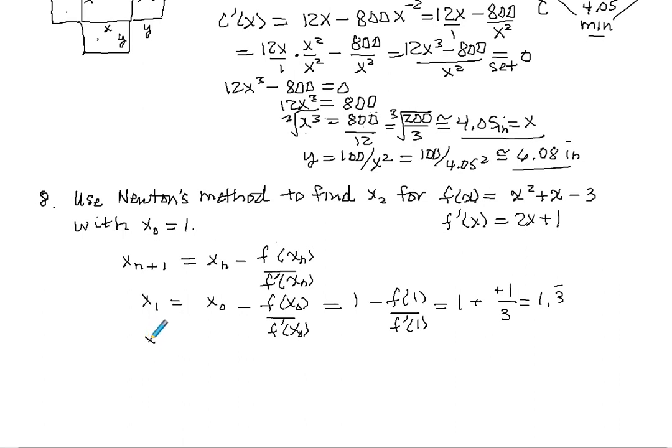So then x2 is going to be, take the previous guess, so this is going to be our 1.3 repeating, minus f, plug in 1.3 repeating, divide by f prime, plug in 1.3 repeating. So it's going to be 1.3 repeating minus, go back to our original function here, f plug in 1.333 repeating.